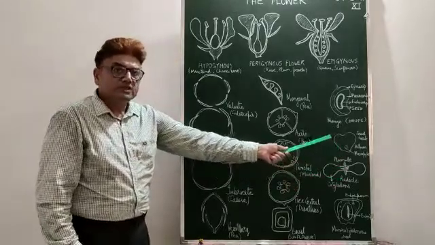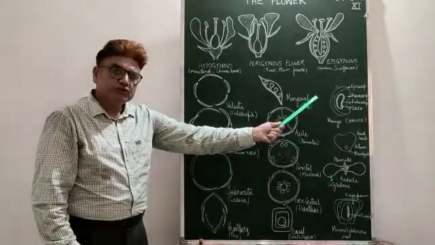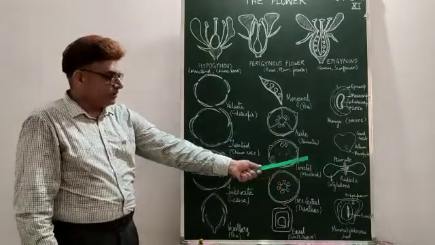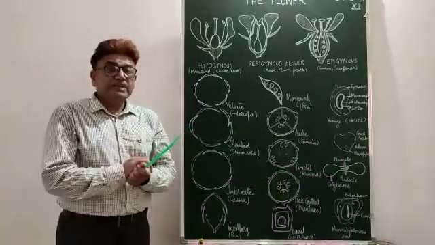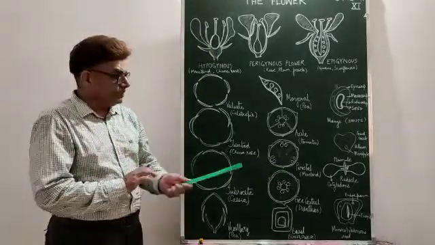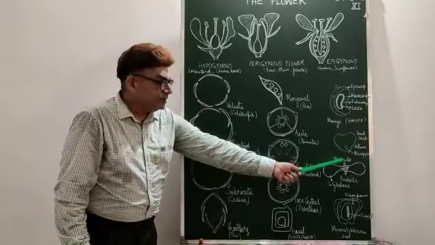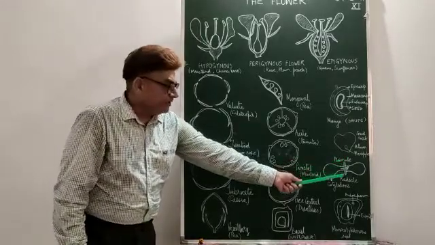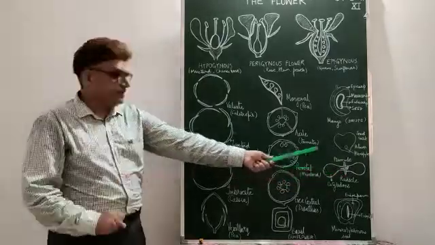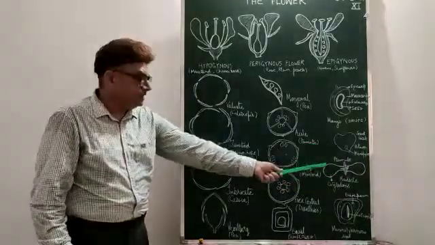Plumule develops into the future shoot, and radicle develops into the root later on. They are very delicate parts, so they are covered with foliar structures. Plumule is covered with coleoptile and radicle is covered with coleorhiza. So they protect the delicate tips of the plumule and the radicle.